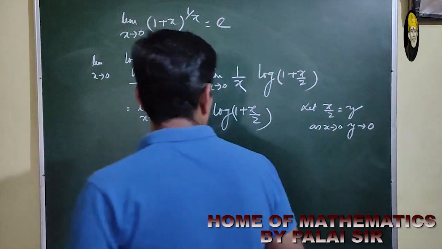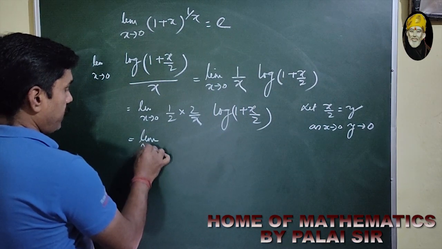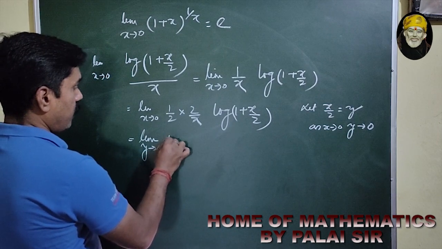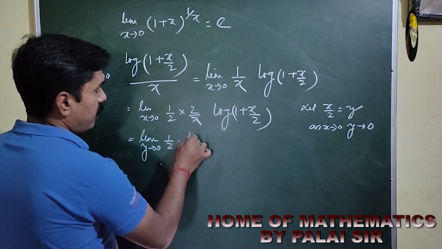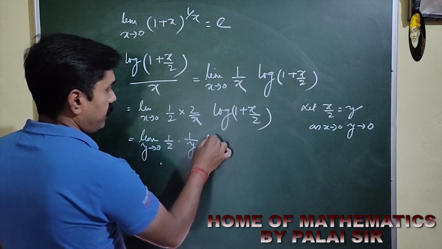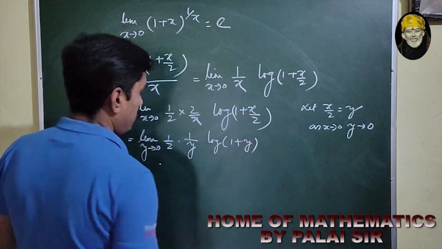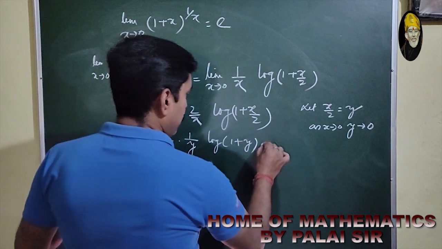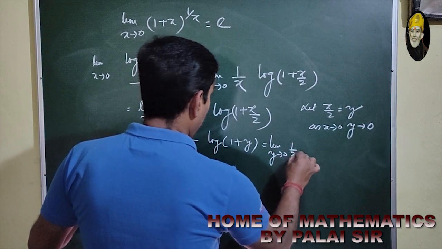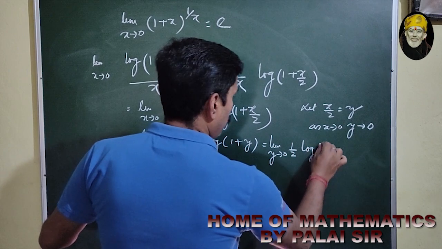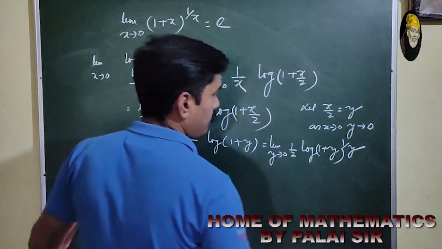Now represent it in that form. So it will be what? Limit y tends to 0, 1 by 2. Here it is what? 2 by x can be written as 1 by y. And here it is log 1 plus y. Now this can be written as limit y tends to 0, 1 by 2 log 1 plus y to the power 1 by y.